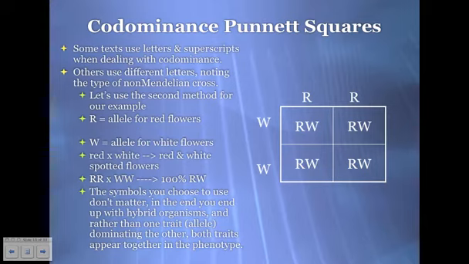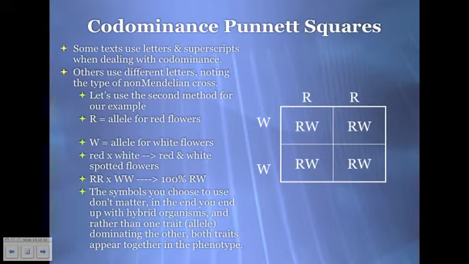The symbols you choose don't really matter as long as you remember this is a codominant genetic inheritance problem, because this is the same letteration that we used for incomplete dominance. For codominance, when you cross 2 capital R's and 2 capital W's, 100% of the offspring are capital R, capital W, which is red and white spotted.